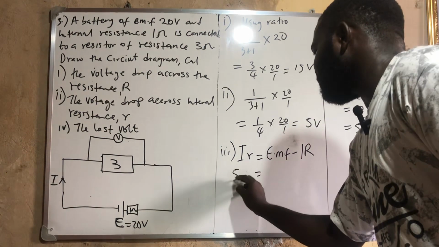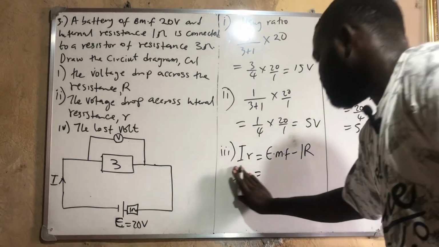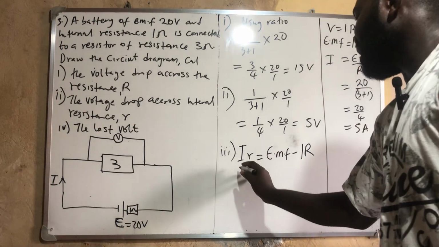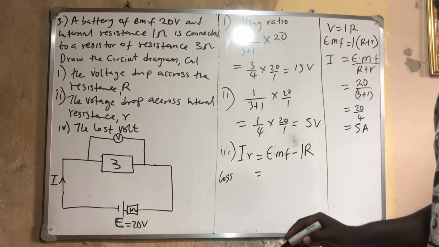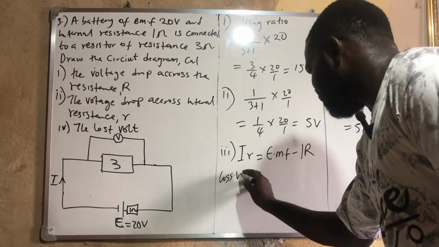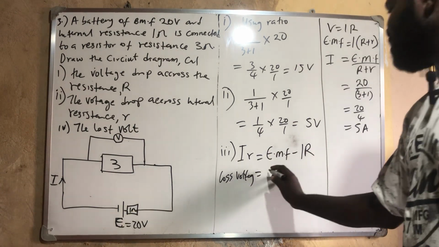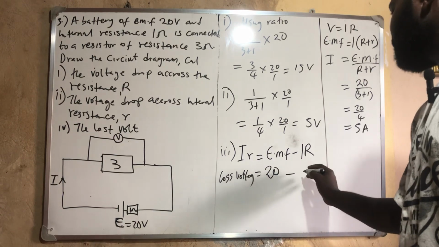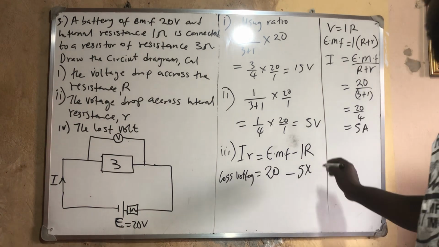So I'll say 5 times the small r, which is 1, is equal to my Ir, the lost voltage. The lost voltage is equal to the EMF, which is 20, minus 5 times my big R, which is 3.